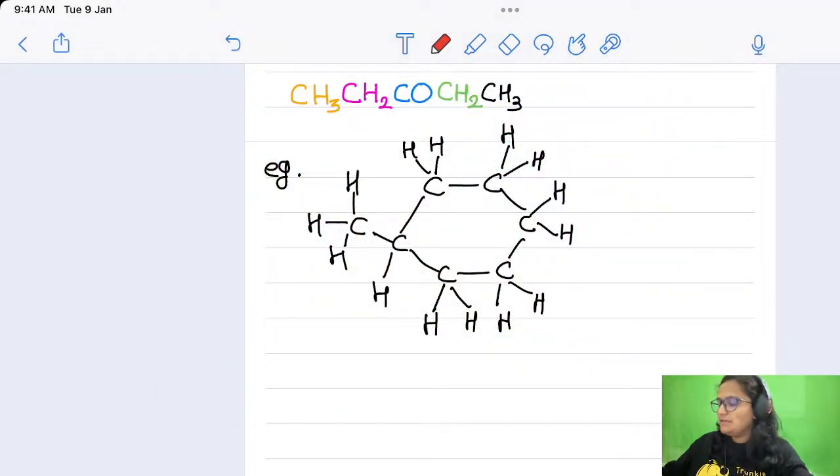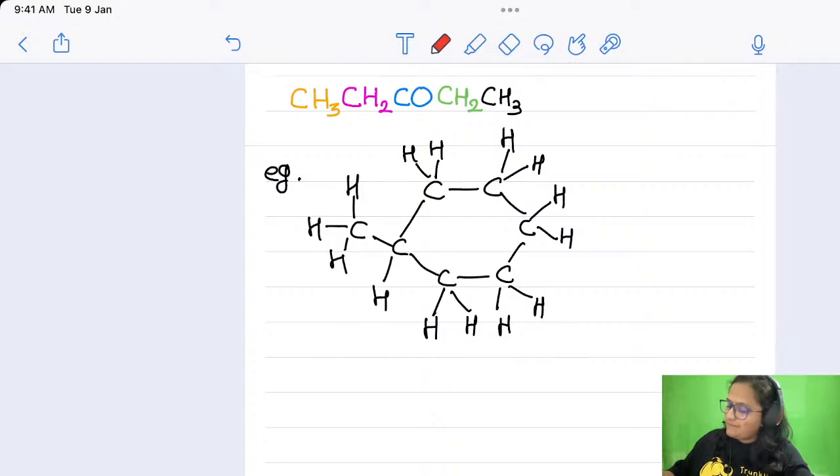Now you can see this is a cyclic structure. Even though it is a cyclic structure, we have to write down each and every carbon atom at its position. I'll start with this carbon atom and move in the clockwise direction. So this first one is CH2. Next one is also CH2.